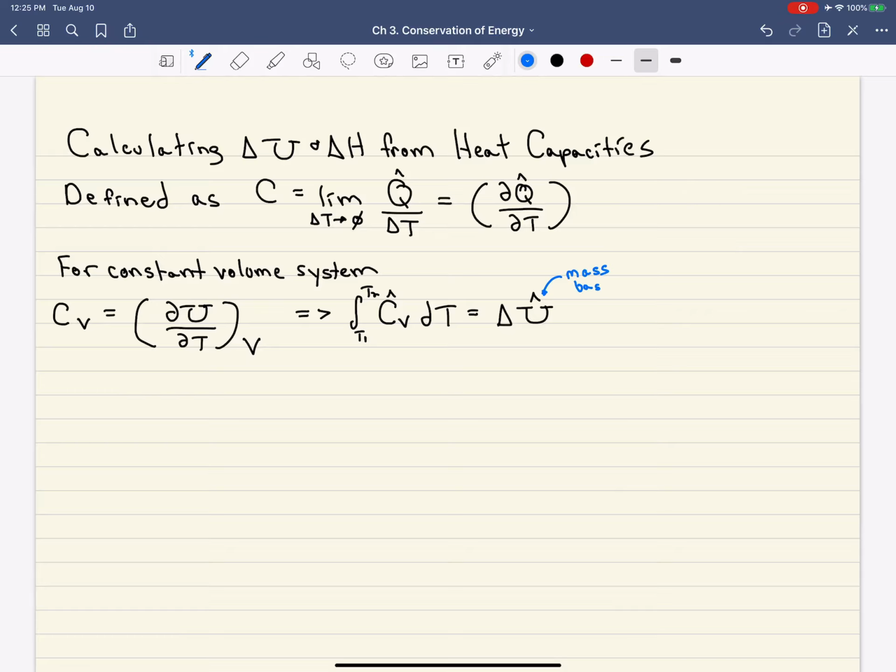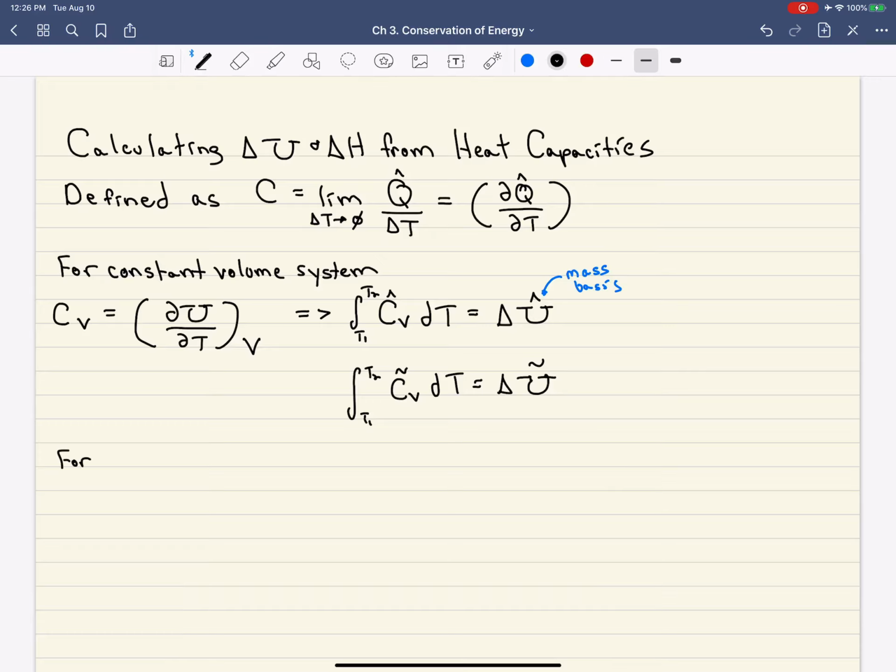Or similarly, if we're dealing with a heat capacity that was in units of joules per mole per Kelvin, I would abbreviate it with a little tilde here. And what we would end up with after integrating it is the molar internal energy, also with a tilde. Okay? All right, and so that's for the case if we're dealing with a constant volume system.